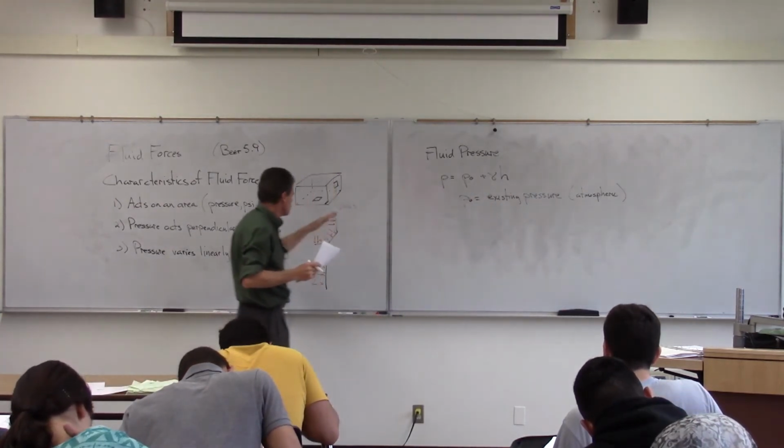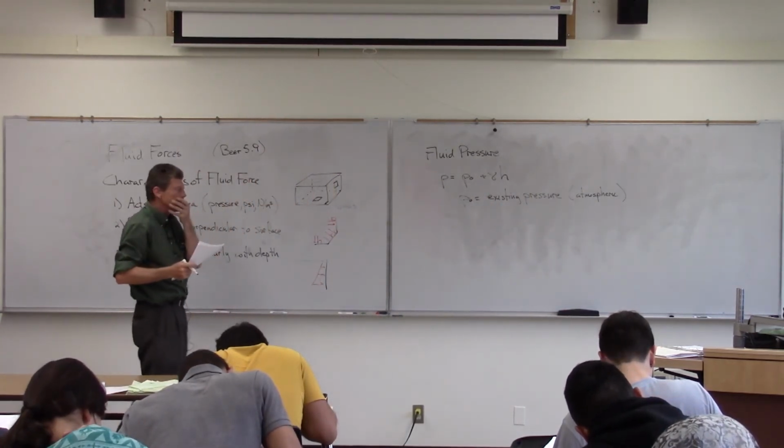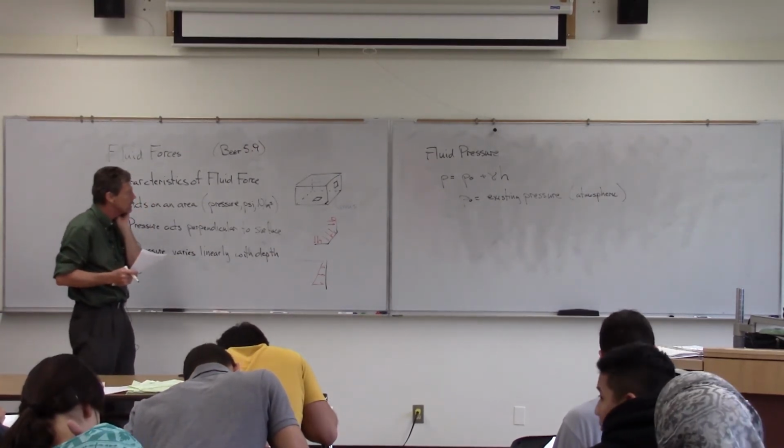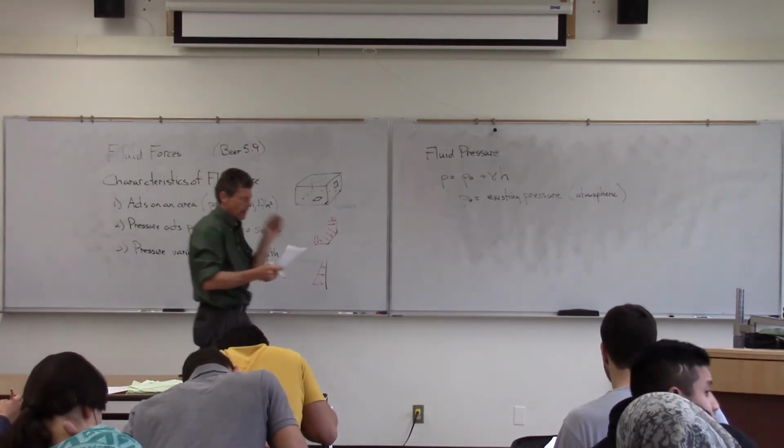So if we think about a pool and that sort of thing, there's going to be 14 and a half pounds per square foot at sea level, basically, of existing pressure on it.